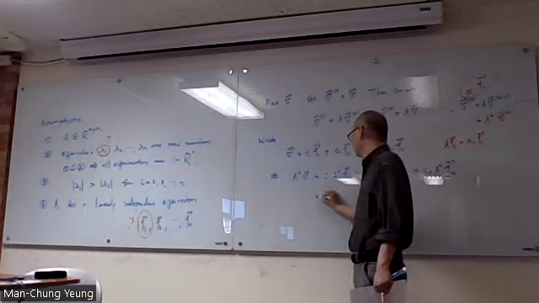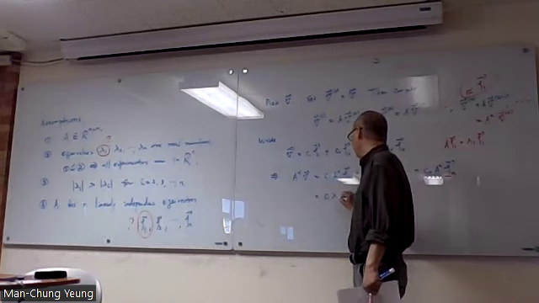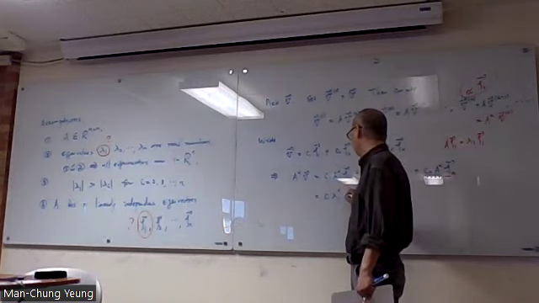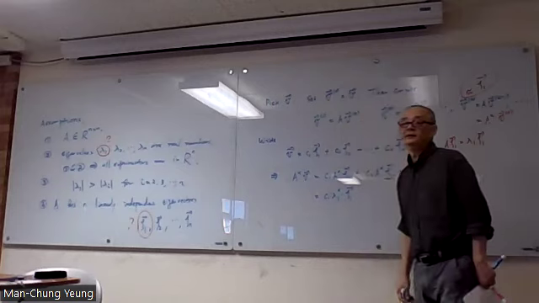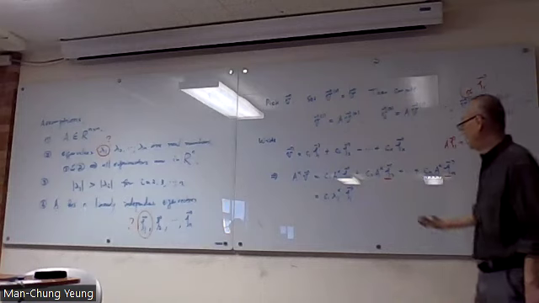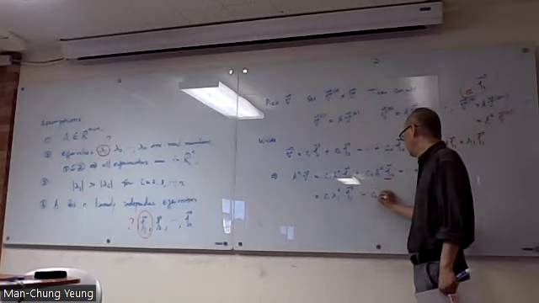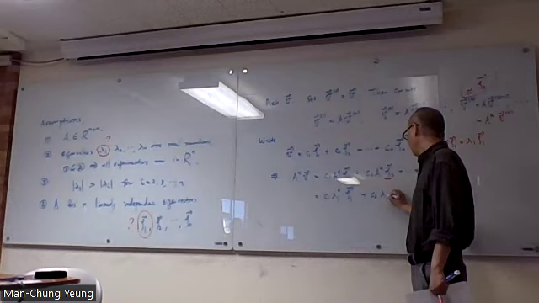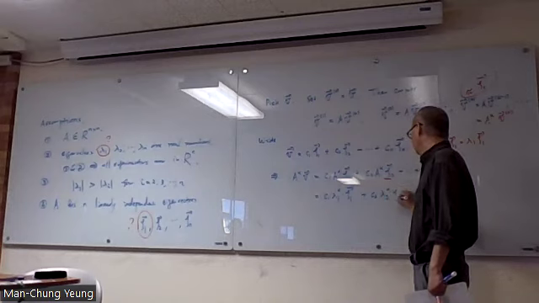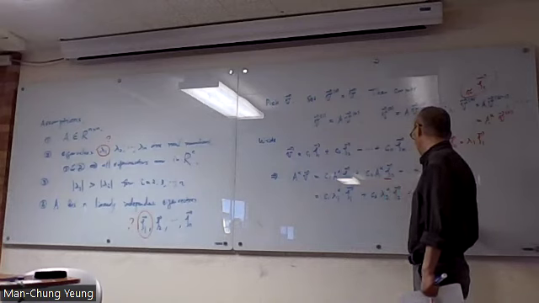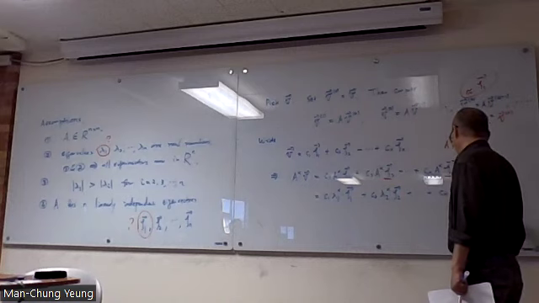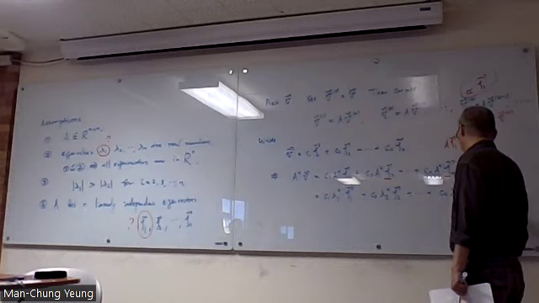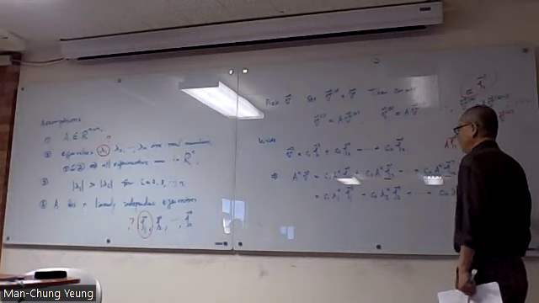So this is c1 lambda 1 to the k power times psi 1, here is c2 lambda 2 to the k psi 2, and so on, cn lambda n to the k psi n.